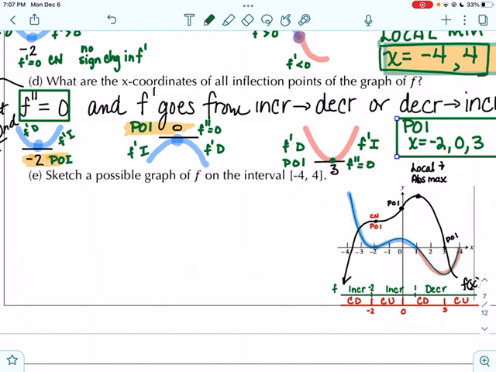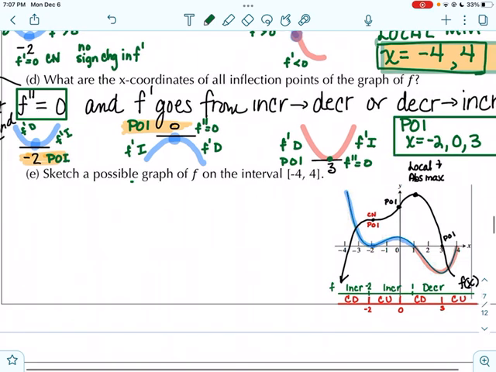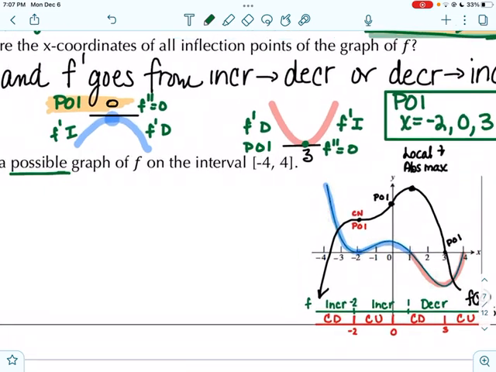So that's what a possible graph could look like. I'll focus on the word possible graph because I'm looking at the concavity and the points of inflection. I think I have them all labeled right. Yeah, where you have an absolute max, and the local and absolute max up there at 1. So here's at x is equal to 1 here.